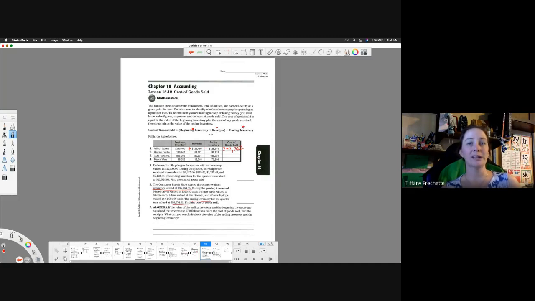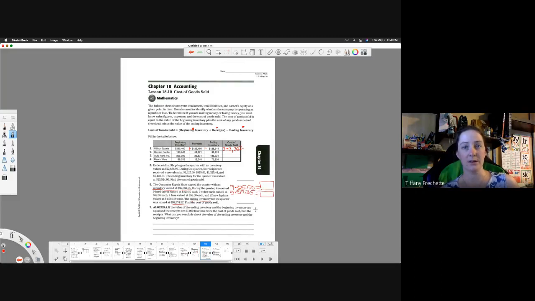But we need to calculate all of our receipts here because we received all of these things. It says during the quarter, it received, and then it goes through and gives you this list. So you're going to need to go through and do these calculations. We had 9 hard drives valued at $325.50 each, so I'm going to need to know how much those were worth, and then 5 video cards valued at $89.35 each.